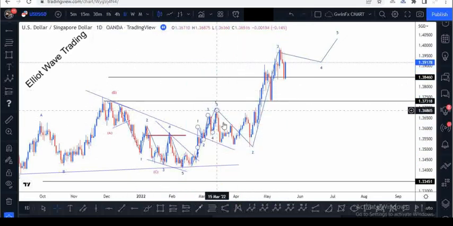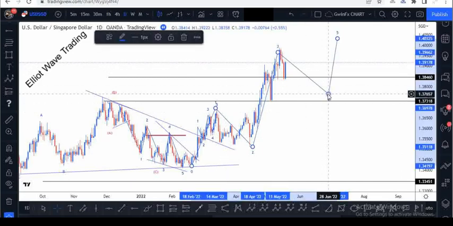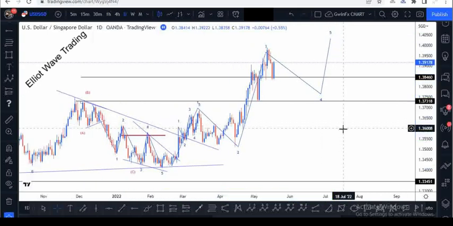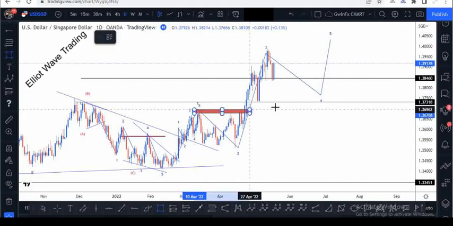What I'm going to be waiting for next is this wave 4. One of the things to understand about wave 4, I don't know if you have learned about this, is that by the rules of Elliott wave, wave 4 should not retrace into the price territory of wave 1.